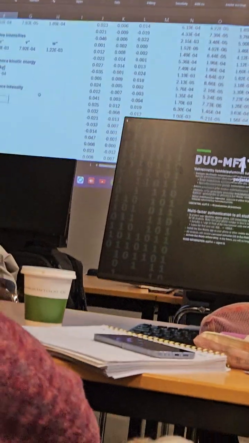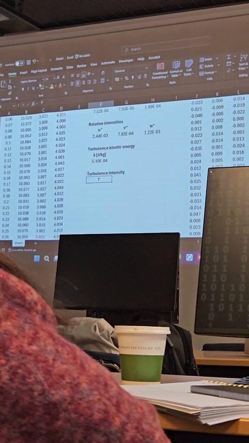So this is turbulence intensity E prime, which is dimensionless.